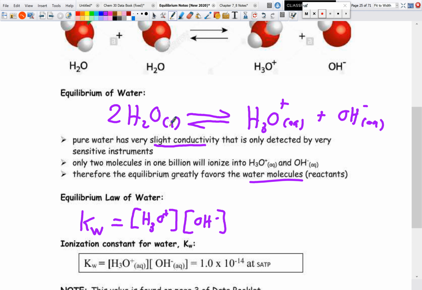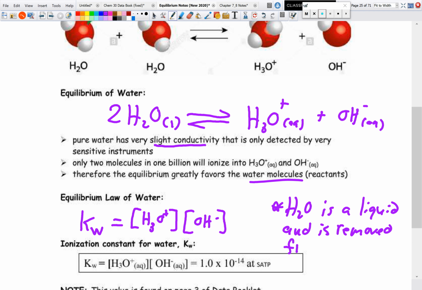well, we're going to leave out water because, remember, H2O is a liquid and is removed from the equilibrium constant.